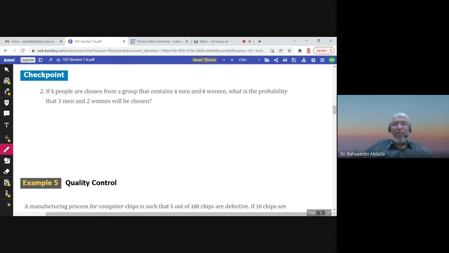If 5 people are chosen from a group that contains 4 men and 6 women, okay, we have 4 men, 6 women. We need to choose 5 out of these. How many people? 10. We need to choose 5 of them. What is the probability that 3 men and 2 women will be chosen?